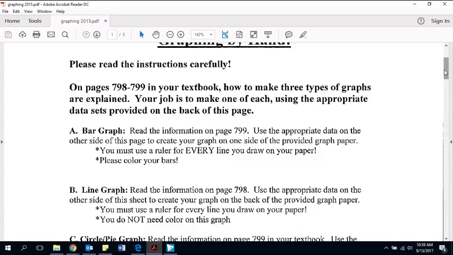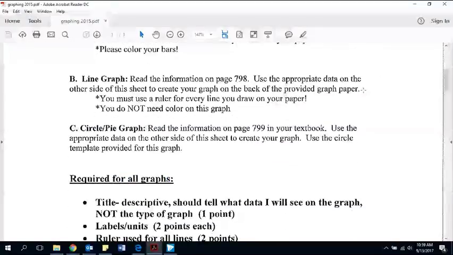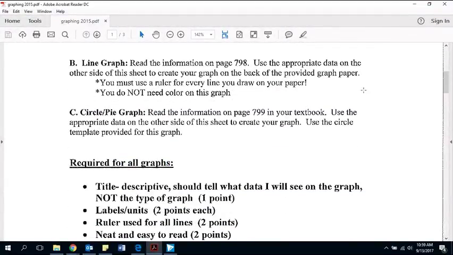Today, of course, we are working on the circle graph. So I'm going to skip down to the circle graph instructions. That information is on page 799. You can refer to that if you're still not sure what to do after you finish watching this. You're going to use the appropriate data, so the school subjects should be this graph. There's also a circle template, which we will take a look at in just a minute.